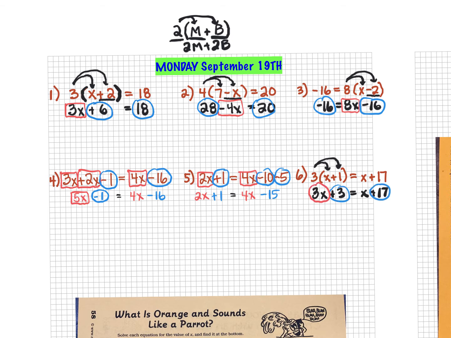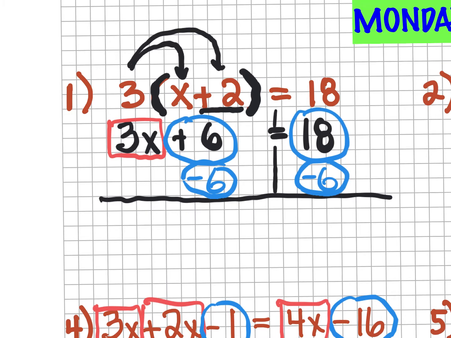Hopefully with the one-steppers, I'll do the first one step. I make my basketball court. And I say, okay, which guy's being the bad PE student? The positive 6 is being the bad PE student. So I'm going to make a negative 6 and get rid of him.